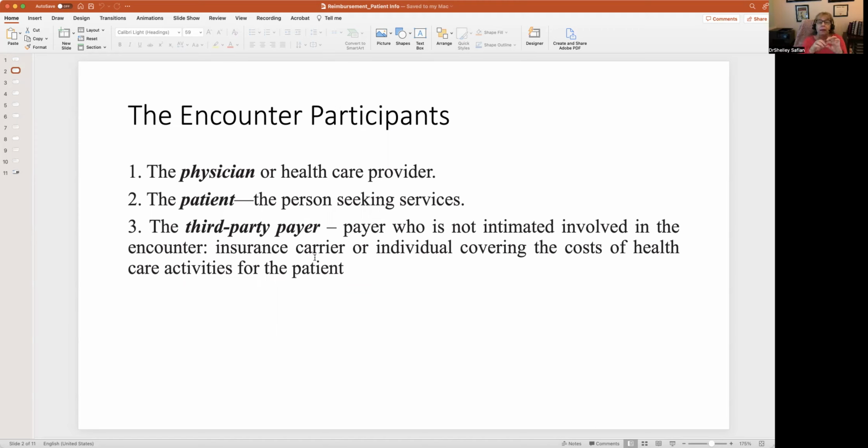The third-party payer concept is a generic term referring to someone who pays for the provision of these services from the healthcare provider to the patient, who is not involved in the encounter. So, not the physician and not the patient, somebody else.